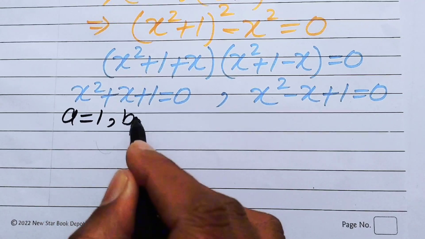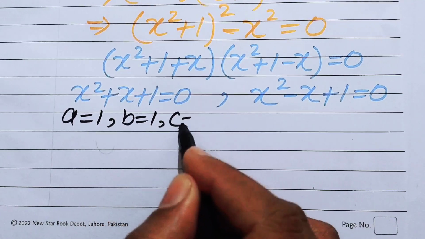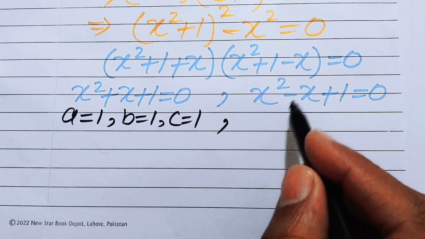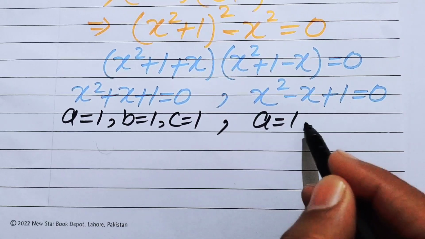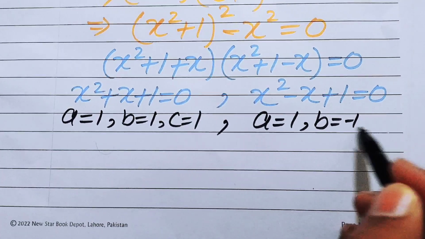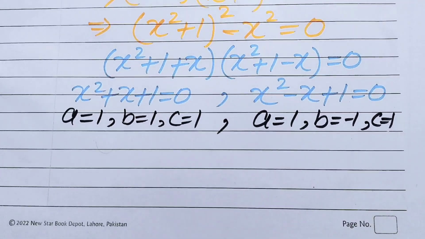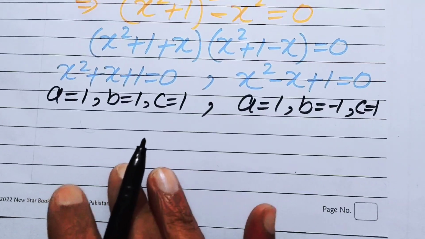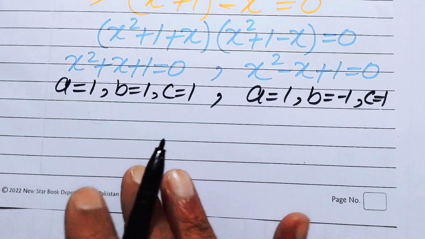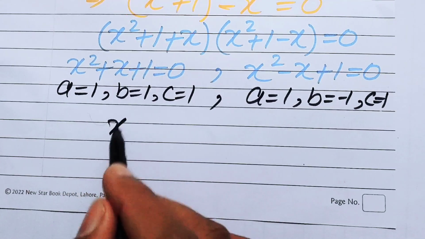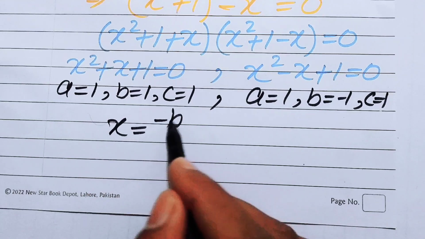The coefficients of the first equation are a equals 1, b equals 1, and c equals 1, and the coefficients of the second equation are a equals 1, b equals minus 1, and c equals 1.